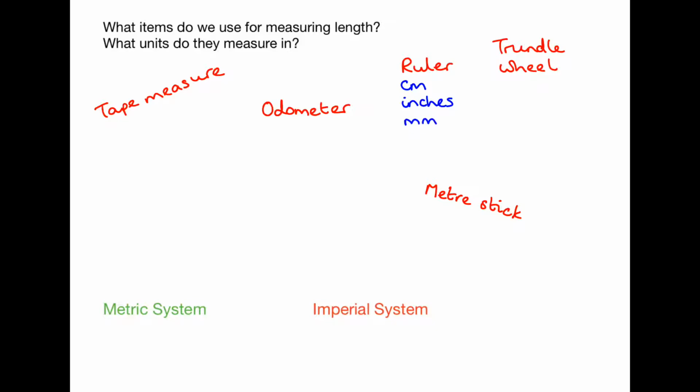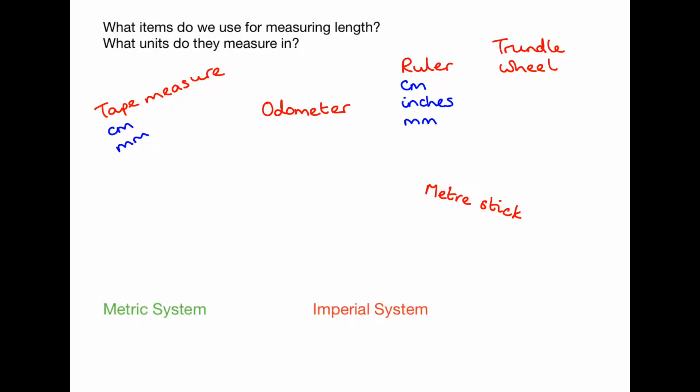A tape measure is a flexible way of measuring things. You can have a fabric tape measure for taking body measurements if you're making clothes. Or for example, if you were buying a bracelet online, you might need to know the distance around your wrist. So a tape measure can measure in centimetres or millimetres.